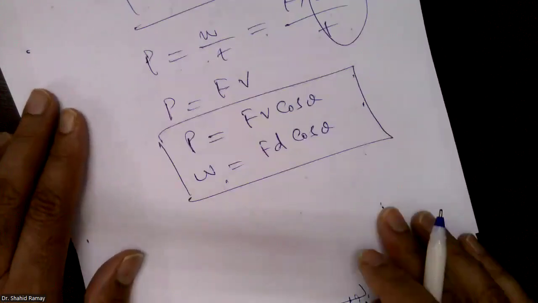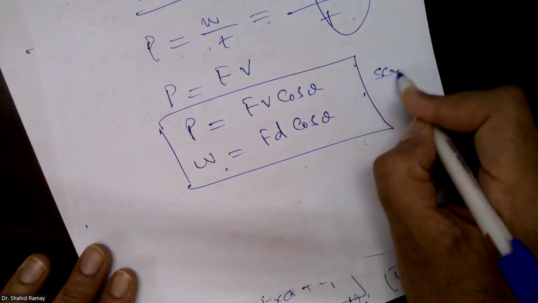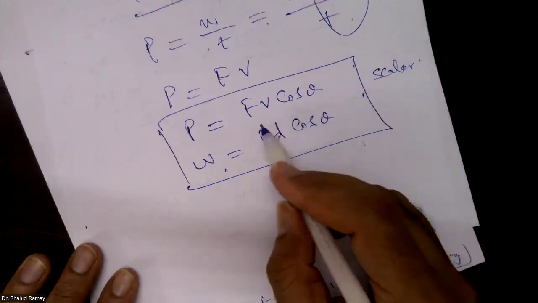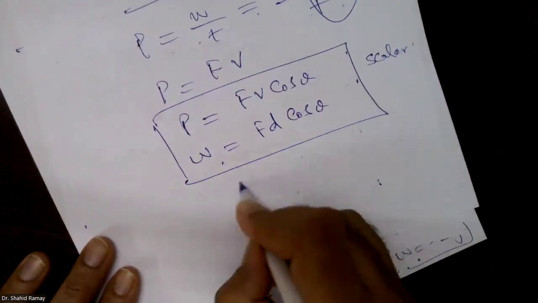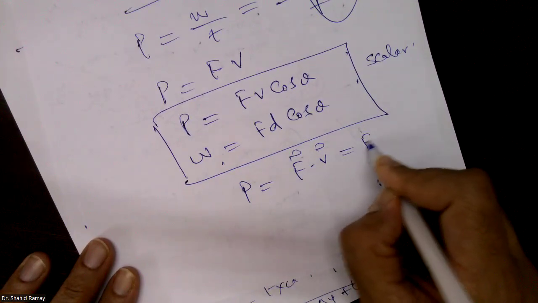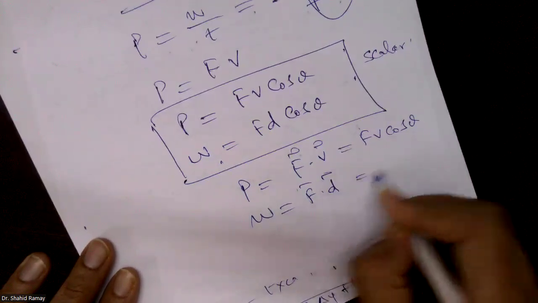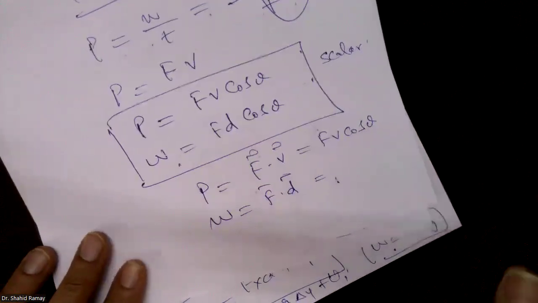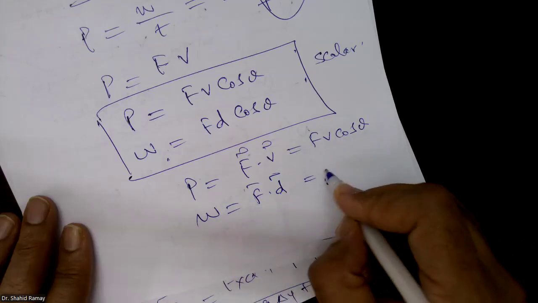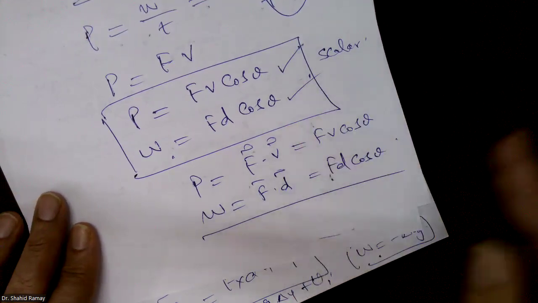You should remember that power and work are both scalar quantities, but force and velocity are vectors. But this is not in your syllabus. The actual formula is F dot V. When we open this formula, it is FV cos theta, and the same is F dot D. This dot is not a point dot, it is the dot product of two vectors. So FD cos theta. In this way, these formulas come.